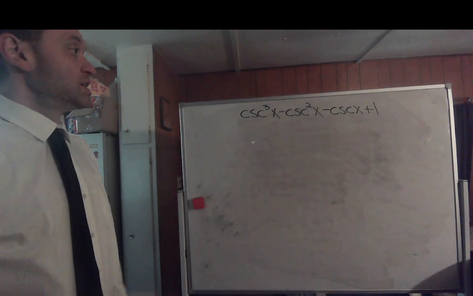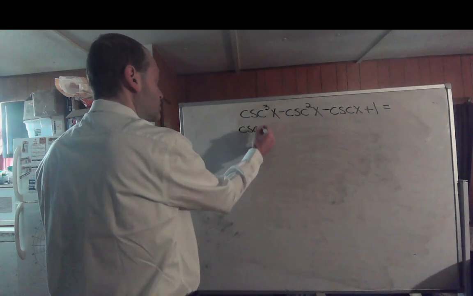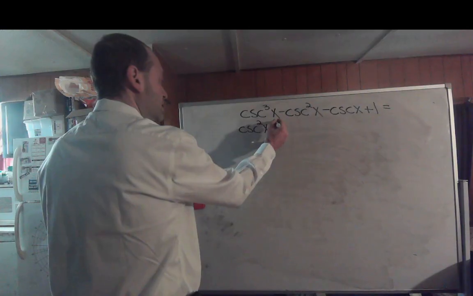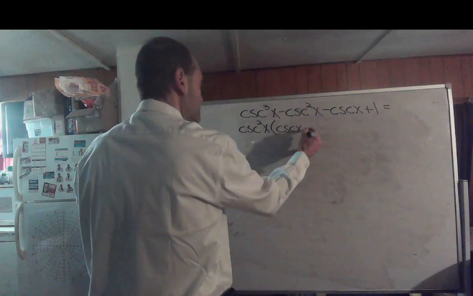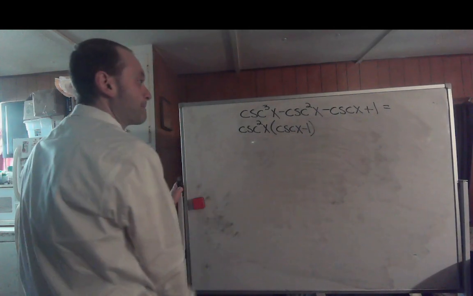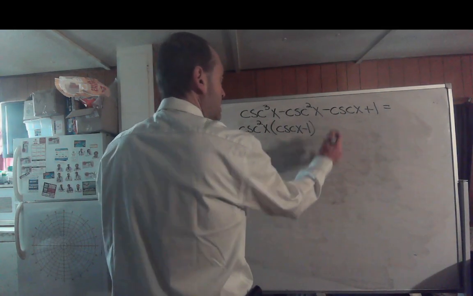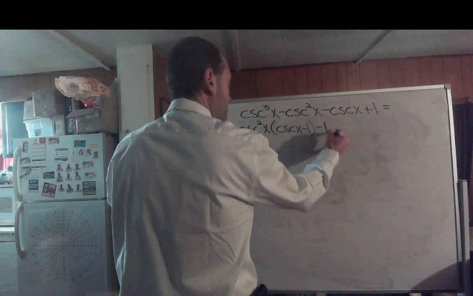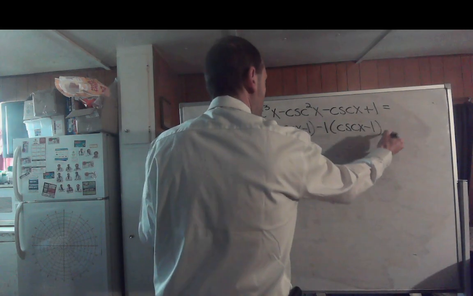So this should definitely factor by grouping. If you look at the first two terms, you have a common cosecant squared of x. Then you would take that times the cosecant of x minus 1. And then you can factor out a minus 1 on your second two terms. So that'd be minus 1 times the cosecant of x minus 1.